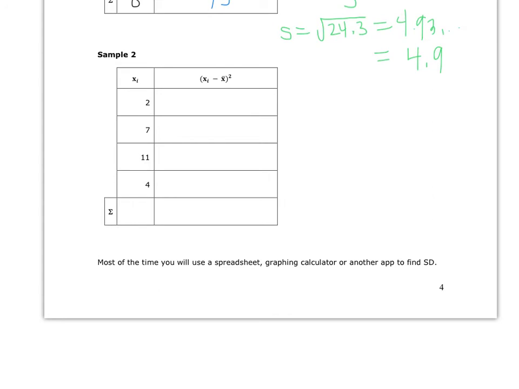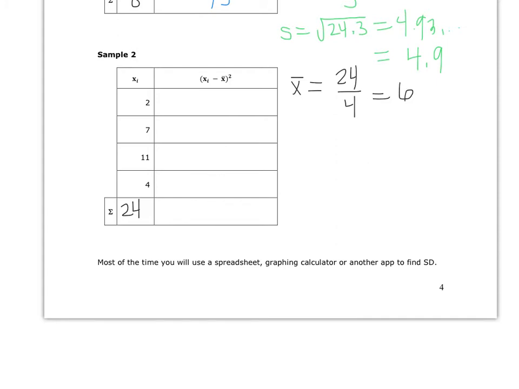All right, let's look at the mean of the second sample. So you want to add up those data values. So we get 2 plus 7 is 9, plus 11 is 20, plus 4 is 24. And dividing that by 4, we get a sample mean of 6.